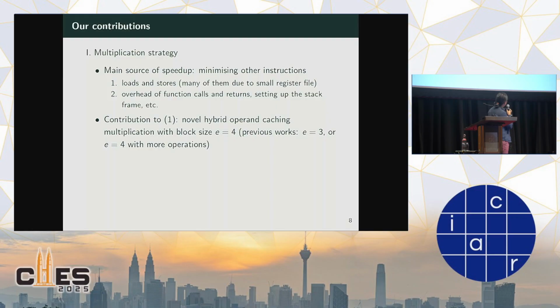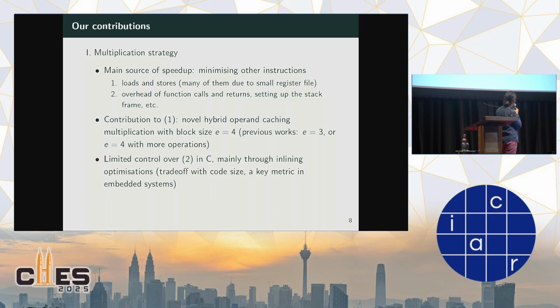So what we did is we were able to increase from 3 to 4, keeping practically the same number of operations as with 3. I will not go into the details of what operand caching is, but if you are curious, you can take a look at the paper. We can discuss later, but due to lack of time, I'm just going to say that it's a new approach to hybrid operand caching.